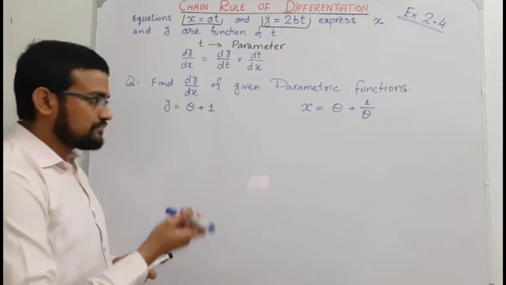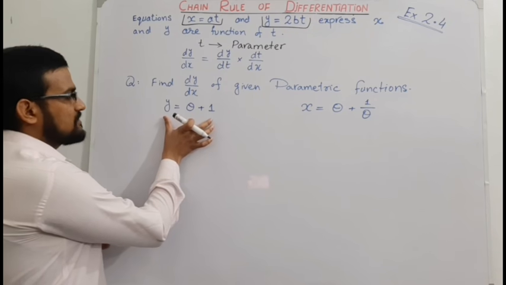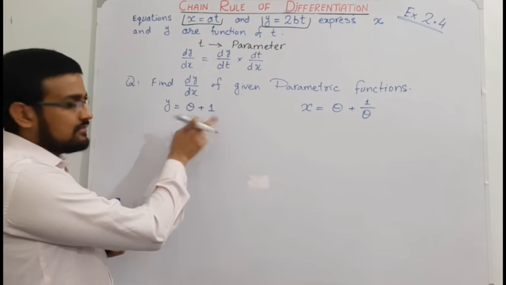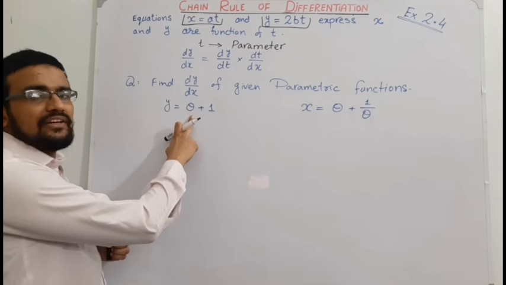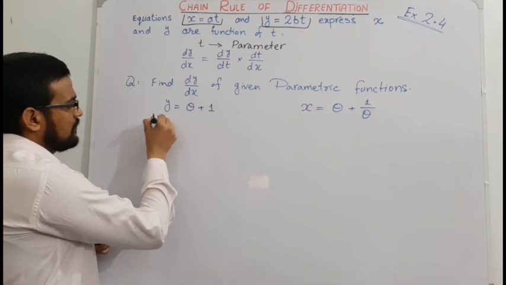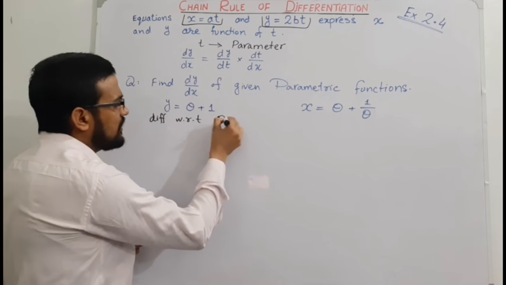So differentiate first, y is equal to theta plus 1, y is dependent, theta is independent, so differentiate with respect to theta.